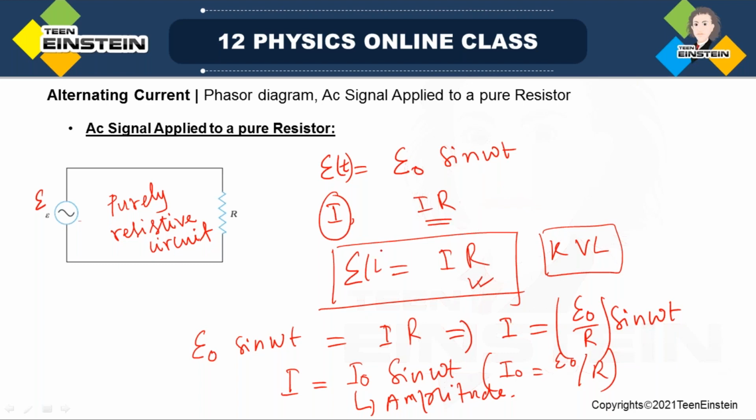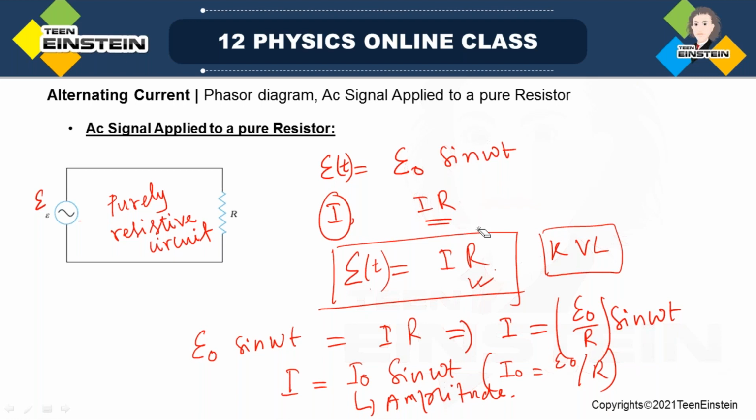So we can easily write the KVL for this circuit, where E is equal to I into R, where I is the current. I am just considering that the current in the circuit will be I. So I can write this as EMF is equal to I into R.